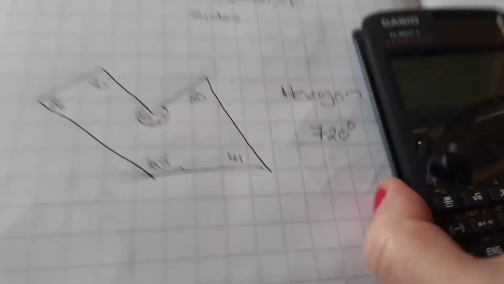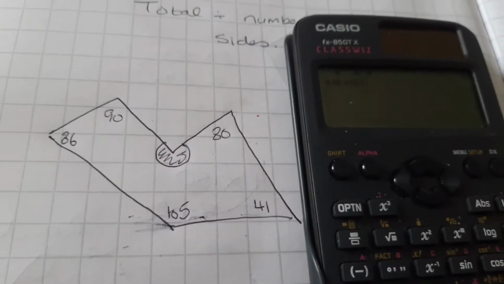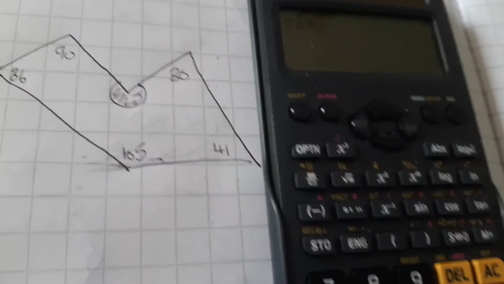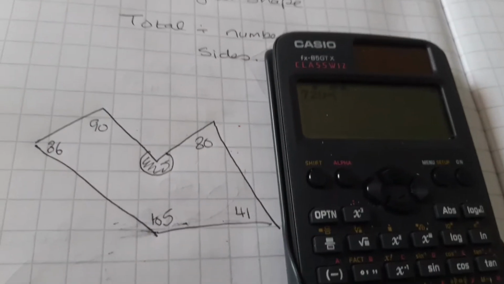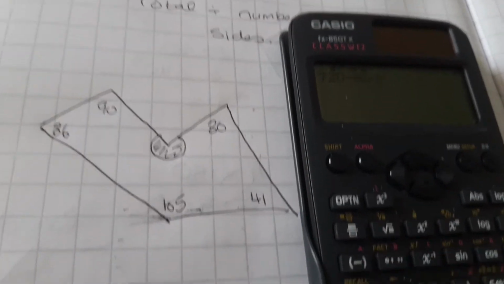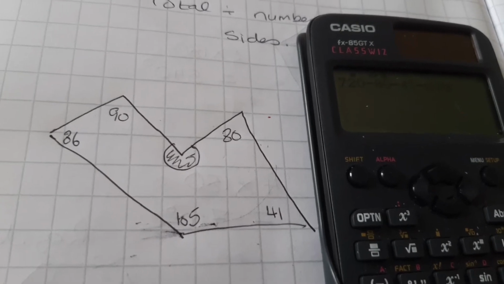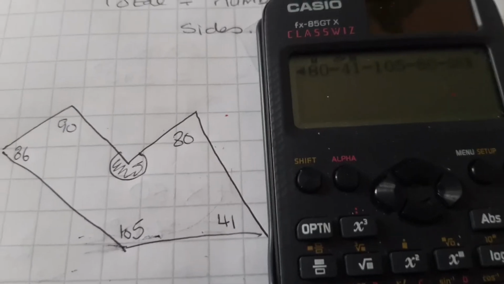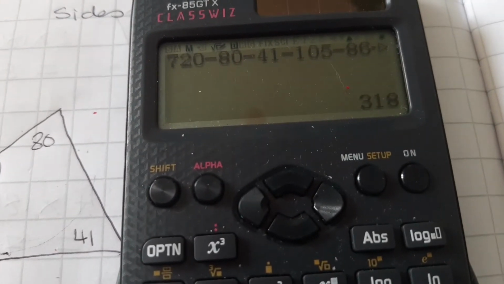So you take your calculator, you start with your 720, and we're going to take away all the other numbers. We take away the 80, the 41, the 105, the 86, the 90, and we are left with 318.